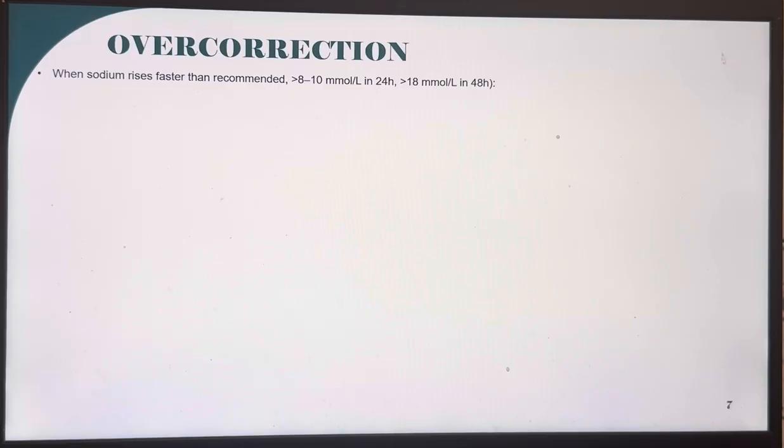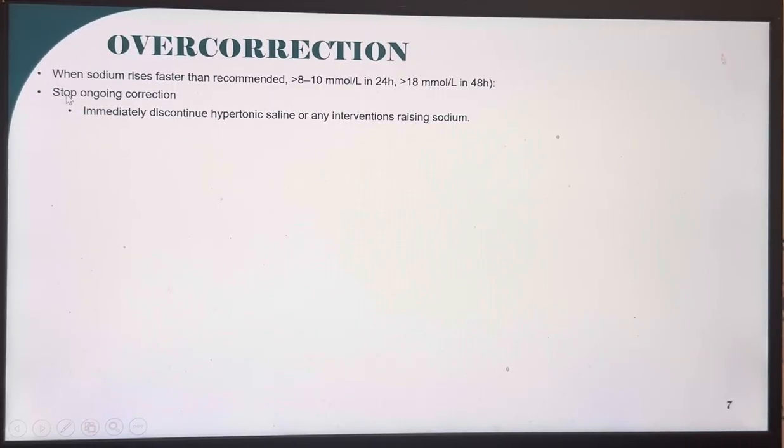We should remember that sodium should not be corrected more than 8 to 10 milliequivalents in 24 hours, or more than 18 in 48 hours. If it is done more than 10 in 24 hours or more than 18 in 48 hours, that's when overcorrection happens, and it can lead to pontine myelinolysis.